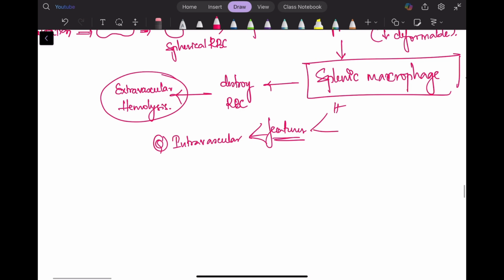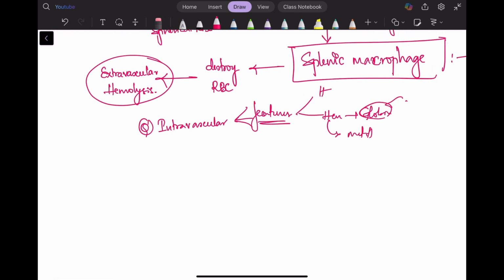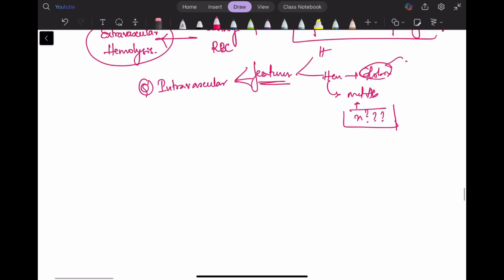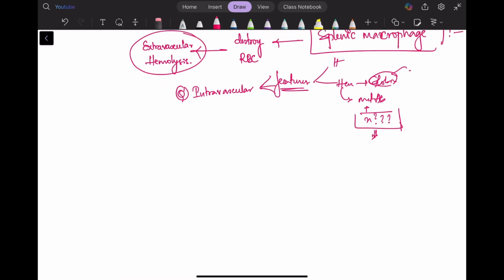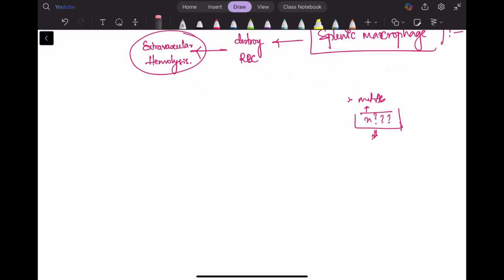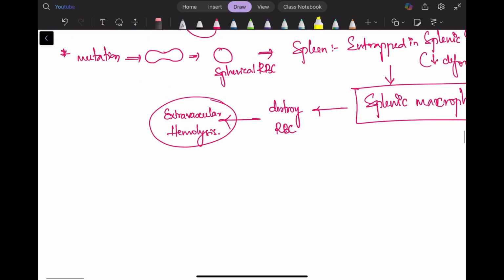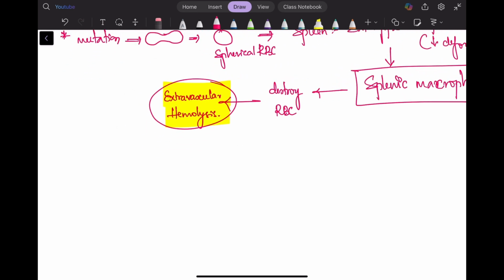Hemoglobinuria, then heme plus globin reutilized, heme, methemalbumin, and the other one, what is it? Find out, comment it. So we have intravascular hemolysis. So here, extravascular hemolysis happens.